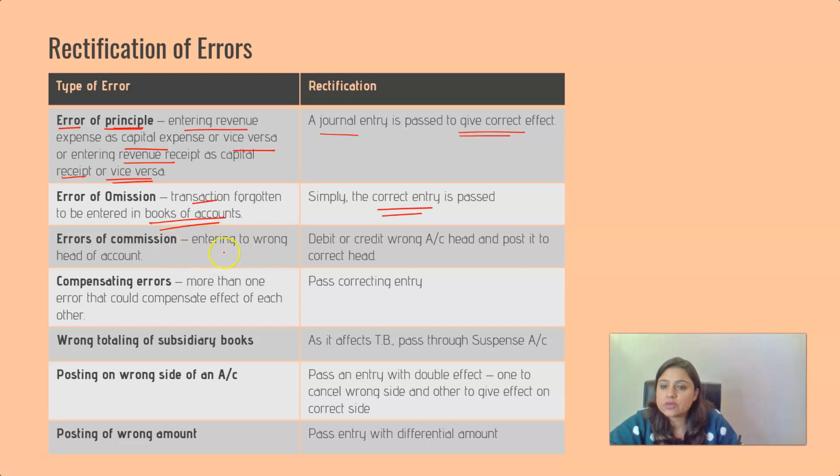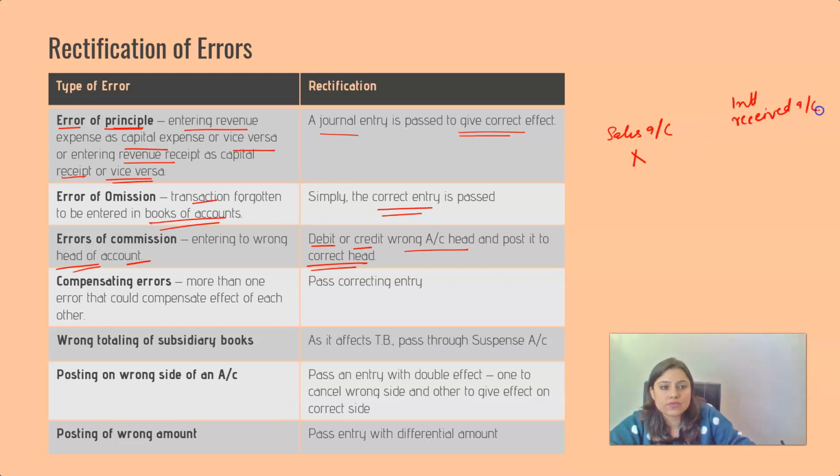Errors of commission could be entering into the wrong head of the account, debiting or crediting the wrong account head, and you post it to the correct head. So if we have made an entry in the sales account, however that is wrong, and it has to be done in the interest received account.